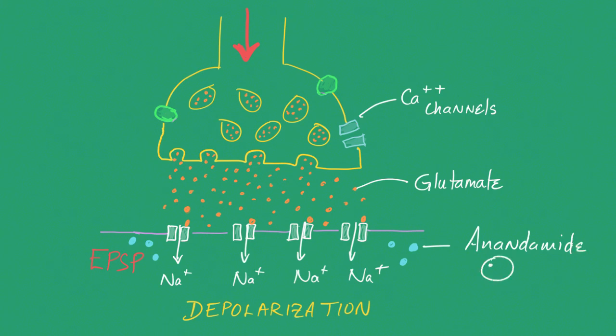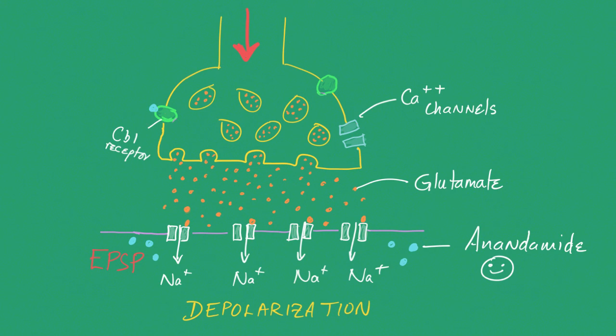So anandamide leaves the postsynaptic neuron, goes to the presynaptic neuron, and binds to receptors called cannabinoid receptors, or CB1 receptor for short. That's shown in green. So the anandamide binds to that, and as a result, it causes the calcium channels to be blocked.